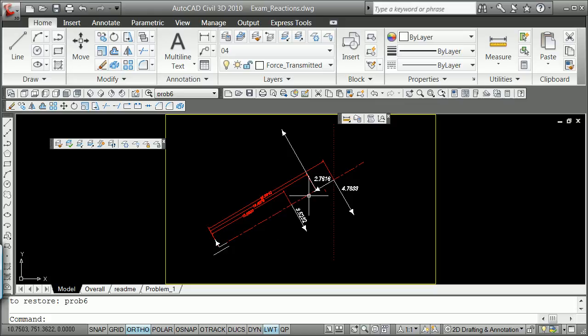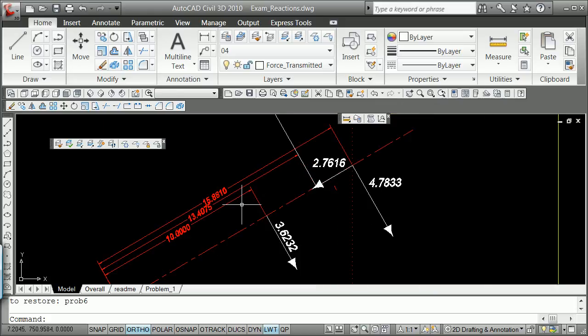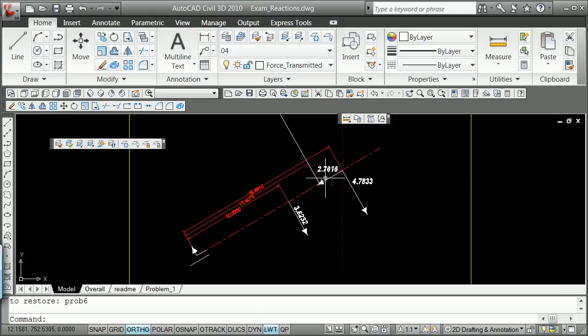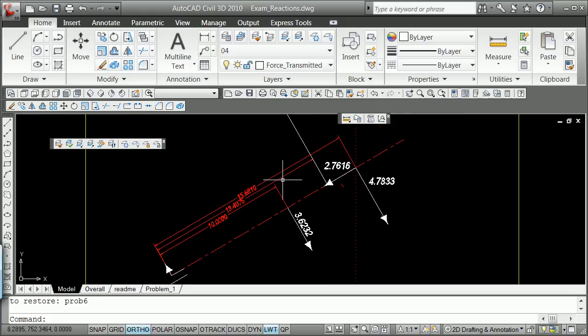If you think about this, this one here is approximately maybe 2.4 from the reaction here, so you've got distance from the other support would be the full 15.88. The distance between the supports is 13. So you'd have basically a greater force there, and you'd have a negative force over here, but this one counteracts a little bit. Therefore, you get a very minimal reaction there.